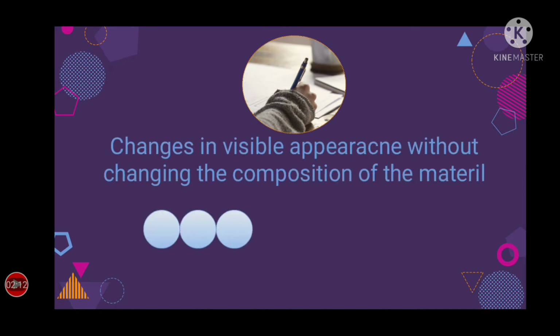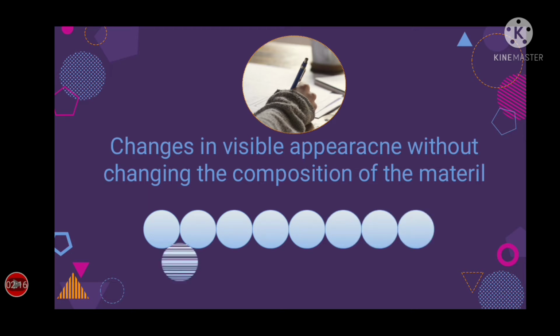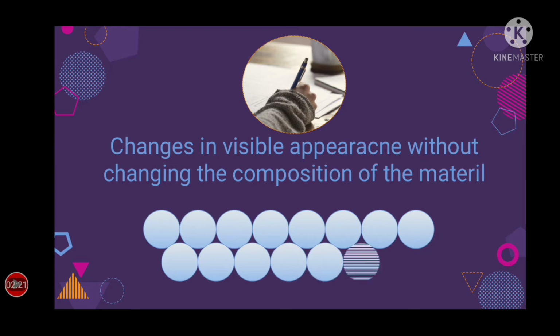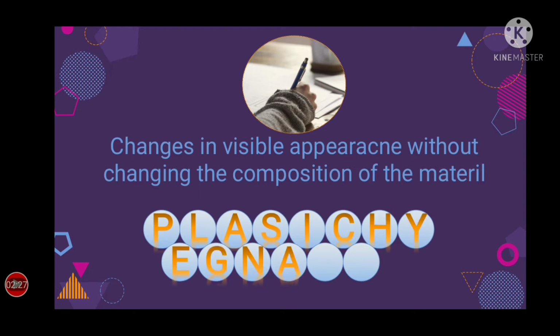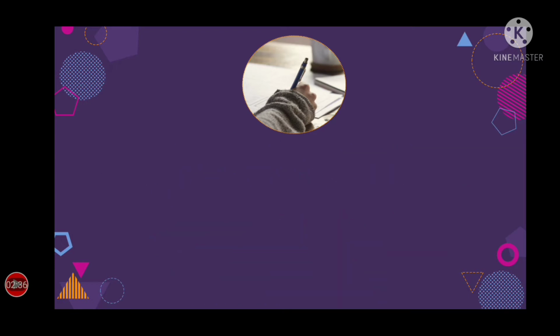It is a type of change in matter where there is a change in visible appearance without changing the composition of the material. What do you think it is? Alright. That is physical change. Very good. You are so excellent.